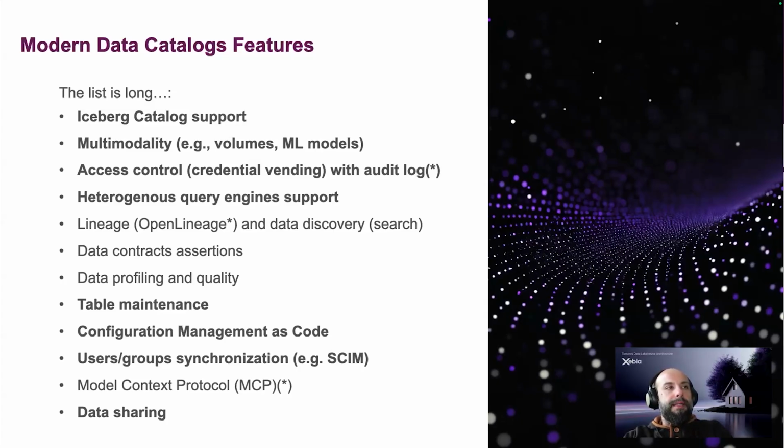Also, lineage is now a de facto standard, and there are a couple of options for collecting lineage, but OpenLineage seems to be one of the most popular, and many data catalogs around the world have first-class support for the OpenLineage protocol.